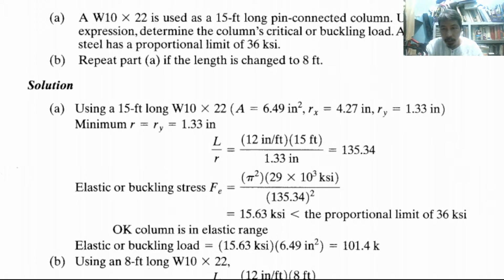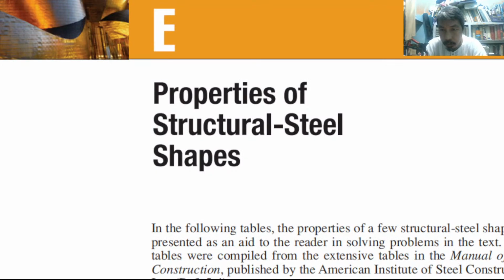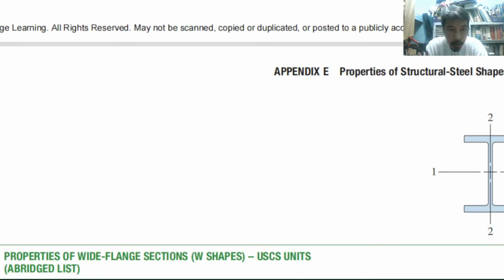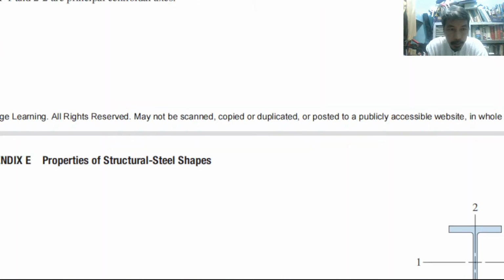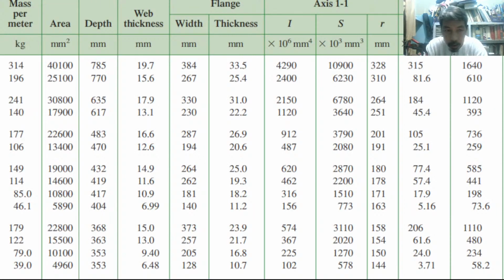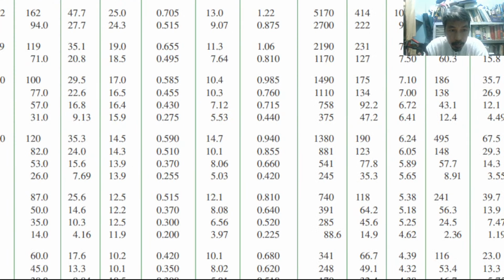So let us solve. Problem solution, letter A, using 15 feet long. Let us get our table. W10 by 22. Do we have W10 by 22 here? Can you see W10 by 22?